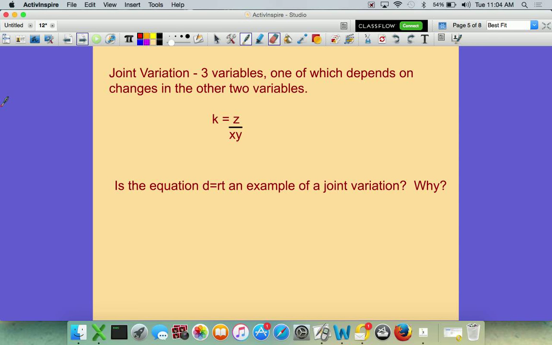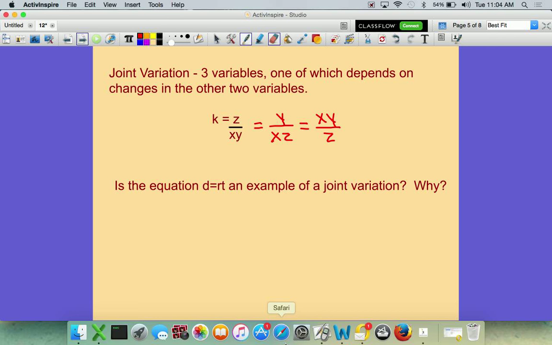Really what this is, this can be any combination of one variable over the other 2, or 2 variables over 1. Problem with this one is you have to figure out what combination has to go where here, and I'll show you that in just a second.